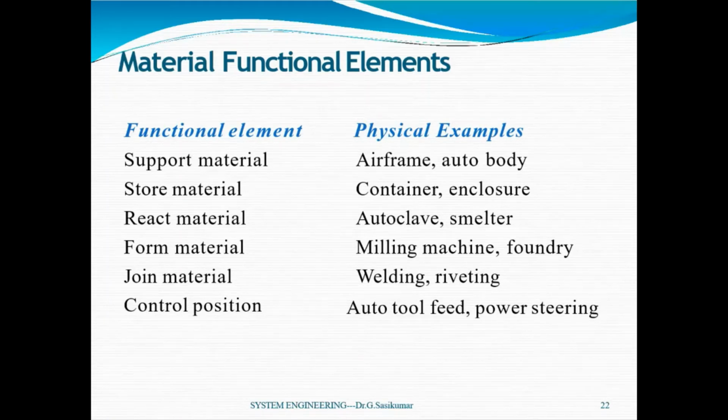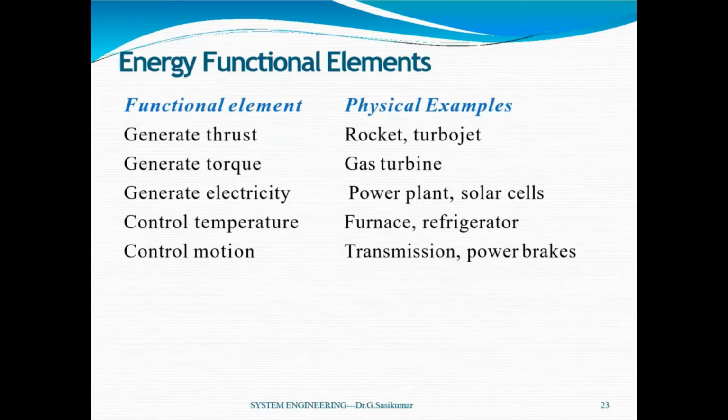Okay. And control position, it is auto to field and power steering. Power steering, everybody knows. In your car, we have power steering, which is used to control your automobile. Okay. And coming to the energy function elements, we have different examples: rocket, turbojet, gas turbine, power plant, solar cells, furnace, and refrigerator, transmission, power brakes. So these are the physical examples for energy.